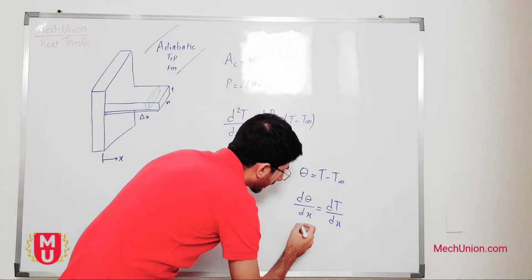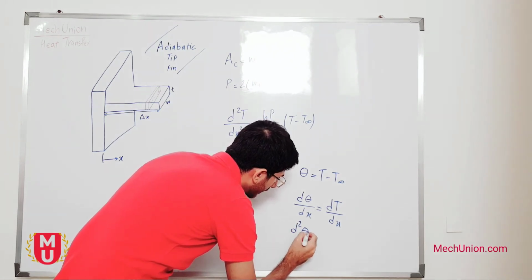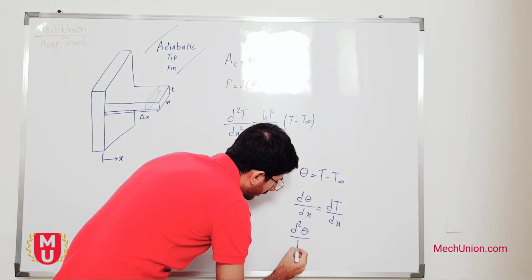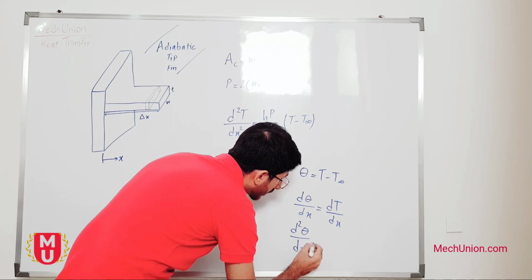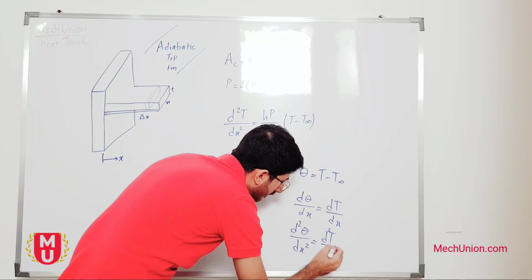Again, taking another derivative, we have d2 theta over dx2 equals d2T over dx2.